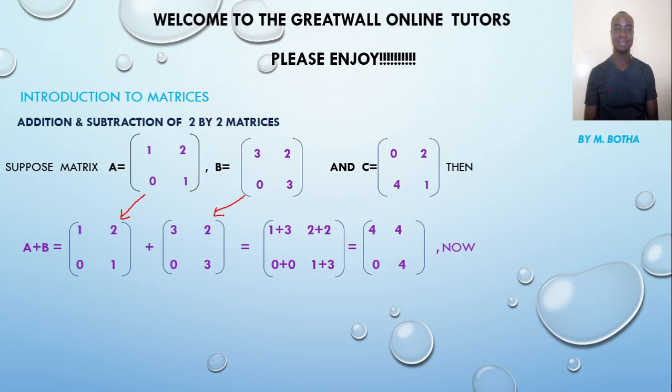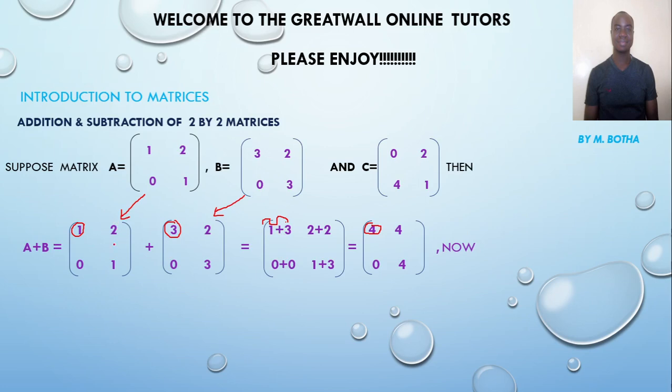Actually, this is a 2 by 2 matrix. How do we add 2 by 2 matrices? Well, this is direct. Add the first element in your first matrix to the first element in your second matrix. So we are going to add 1 plus 3, right? This is what we have here, 1 plus 3. Now that will give you 4, right? So this is your answer here. So you do that to all the numbers.